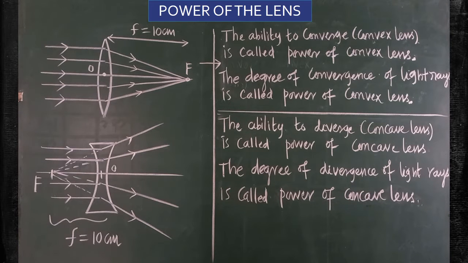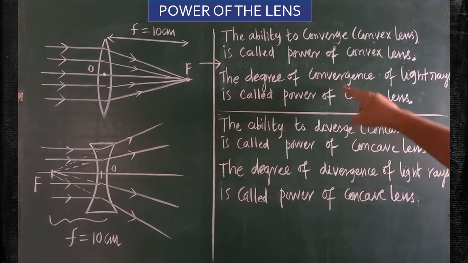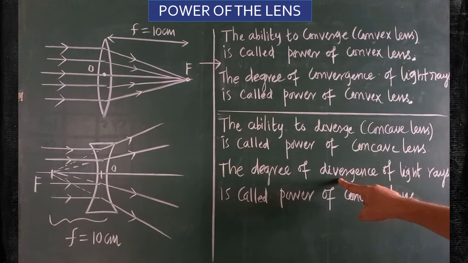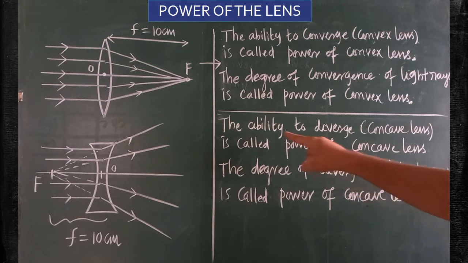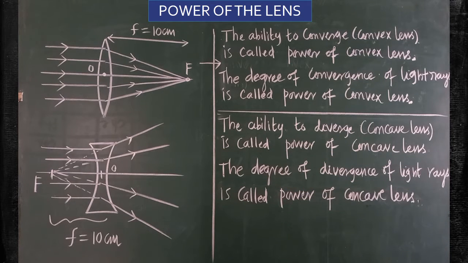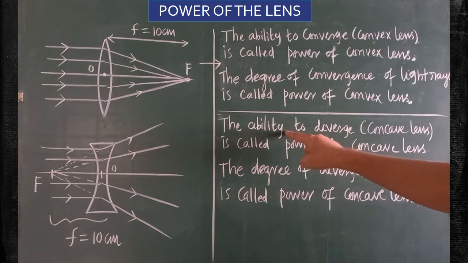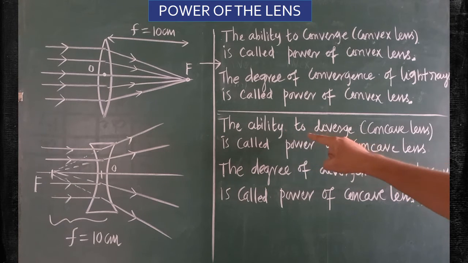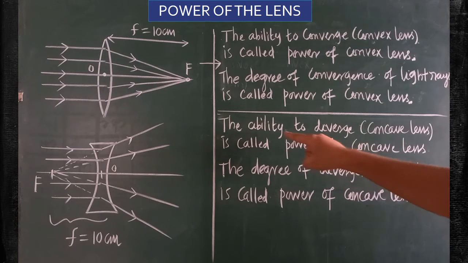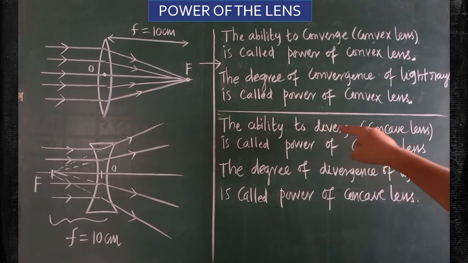What is this? Concave lens. Here, instead of converging, we have to use a term called diverge. Instead of convergence, we have to use a term called divergence. Are you clear? Here, that concave lens is able to diverge the light rays. That's why we call it the ability of divergence, or we can say the ability to diverge.